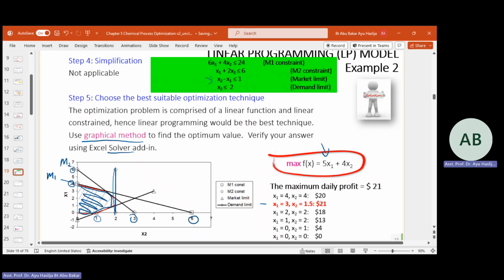Here it takes x1 equals to 3, x2 1.5. Here, this point. The crossover, the cross here. This is the 21 point.